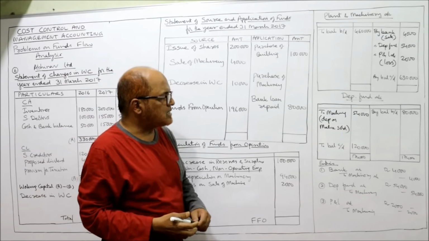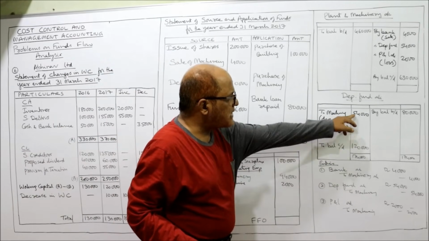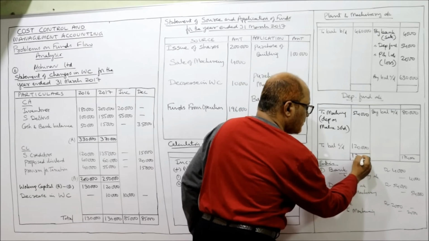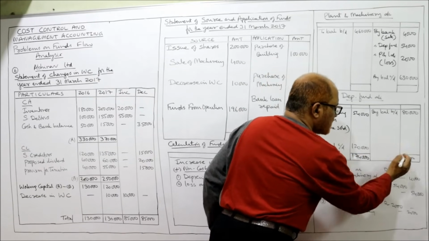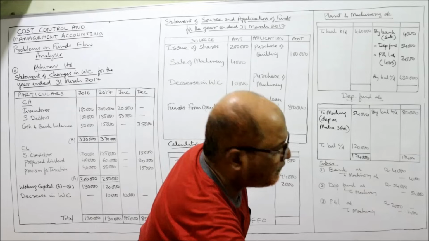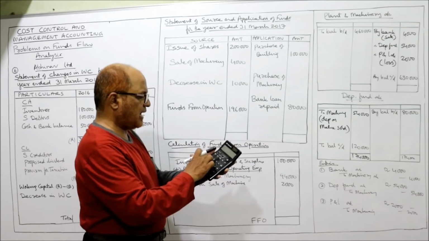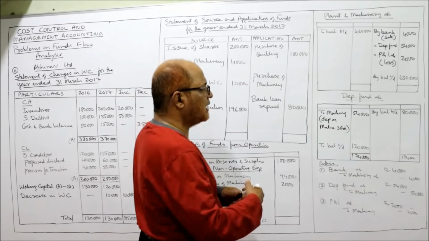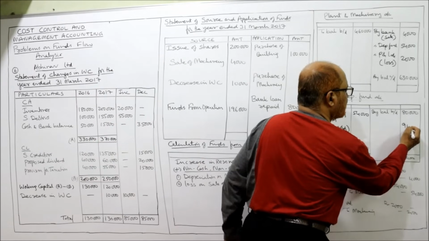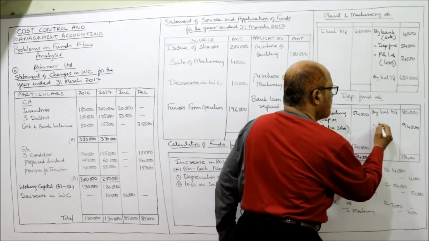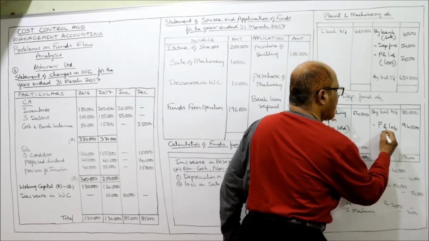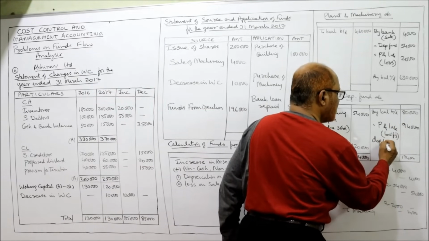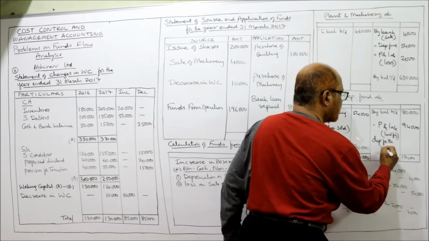Now we find out the balancing figure. 120 plus 54, 1,74,000. Now 1,74,000 minus 80,000, 94,000 is the depreciation provided. So by P and L account balancing figure, depreciation for the year.